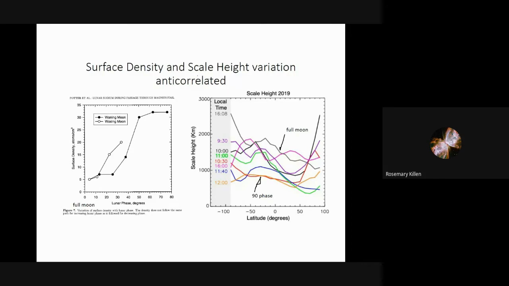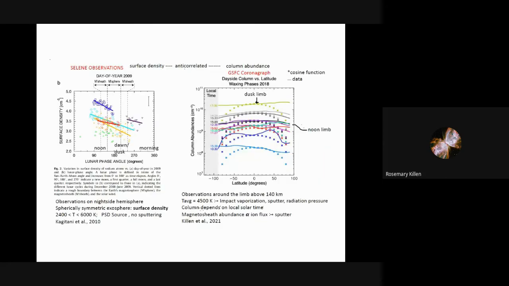So next slide. Okay, so on the left, now you see the same Selene observations, and on the right you see column abundance rather than what I showed before, which was the scale height.